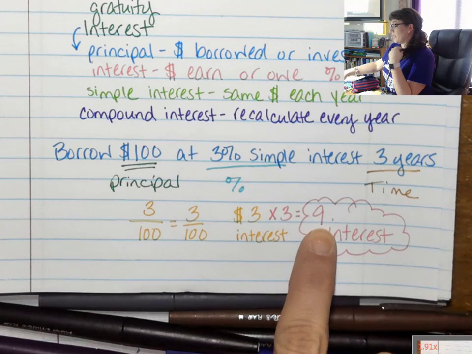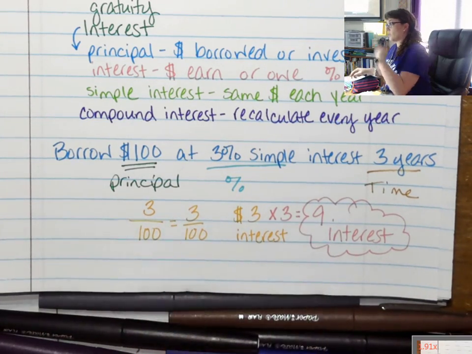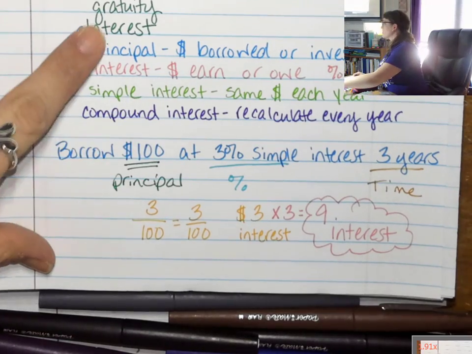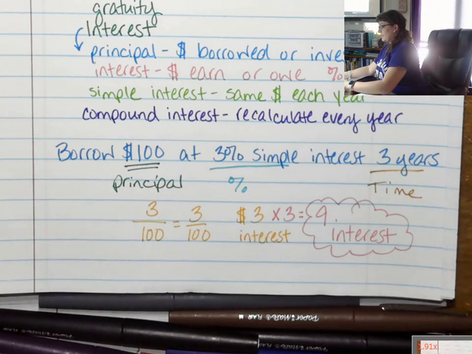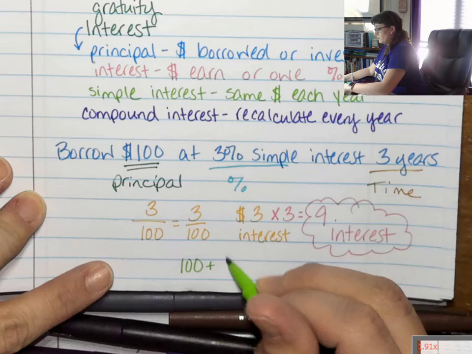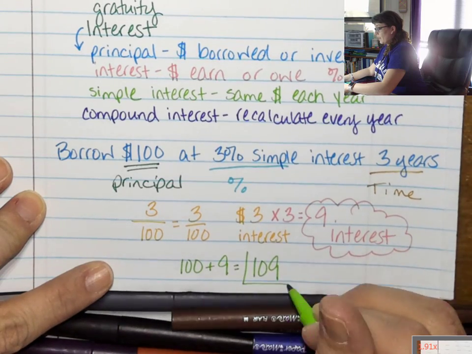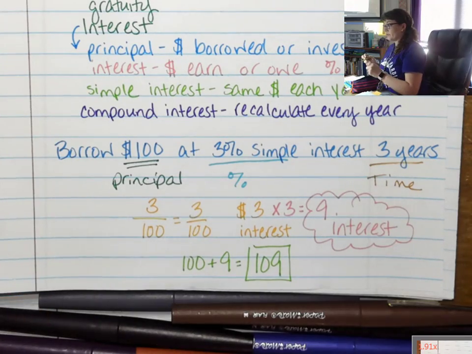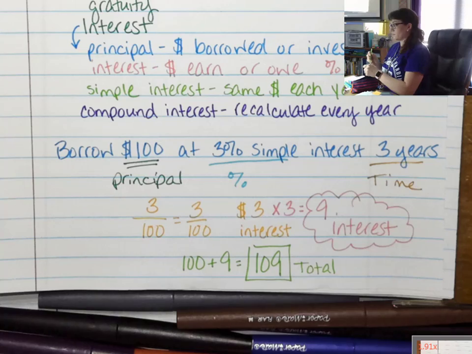If I earned this money and I had this money, 109. So we have to add that back in because interest means add. So I have to take this 9, add it back to my original principal. So after 3 years, I would have $109. This is my total. Okay.